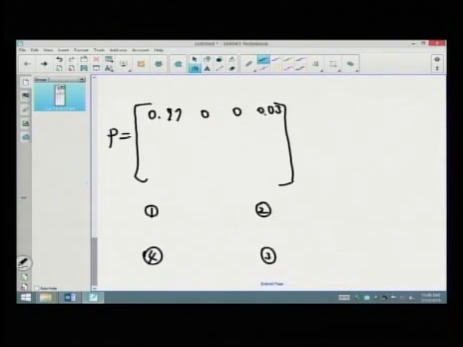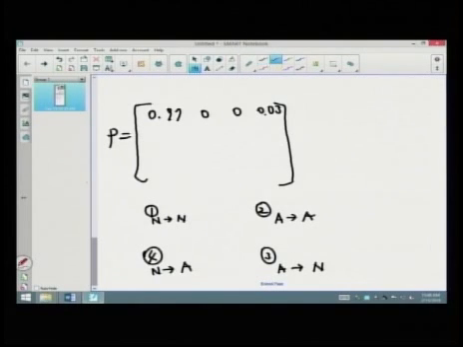So this one is no accident to no accident. Here we have no accident to accident, right? Here accident to no accident, and then accident to accident, right?